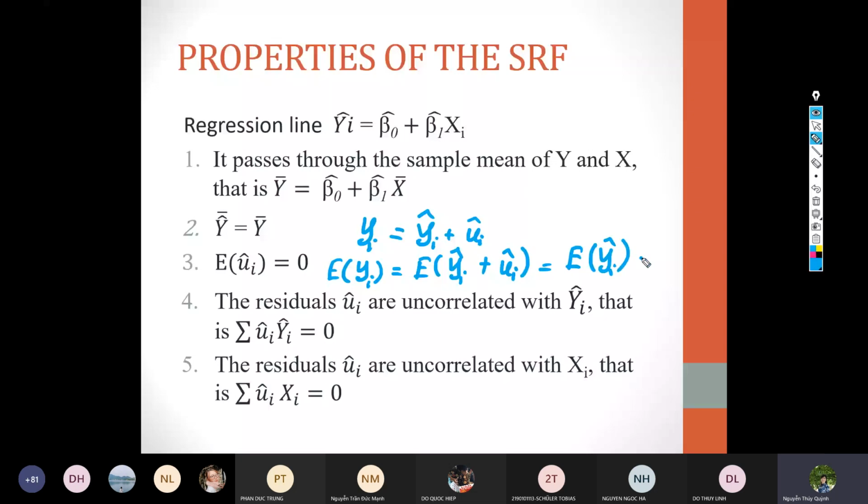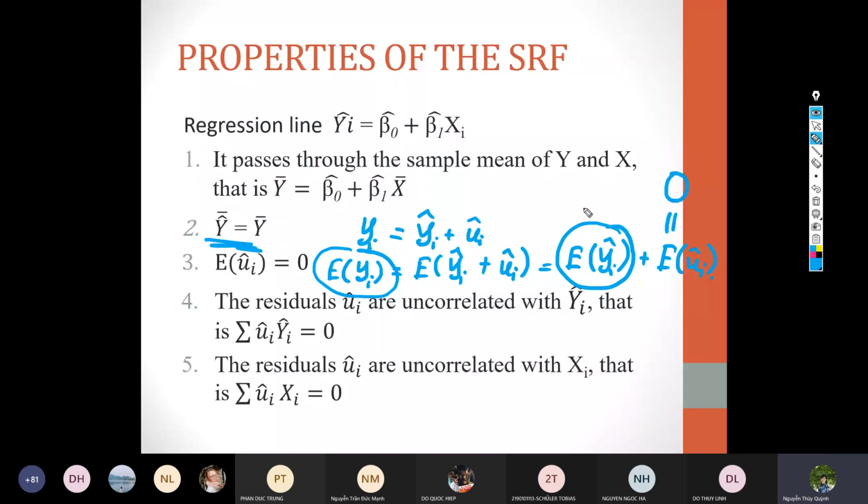Because the expected value of y equals the expected value of yi hat, of course the expected value of ui hat will be equal to 0.